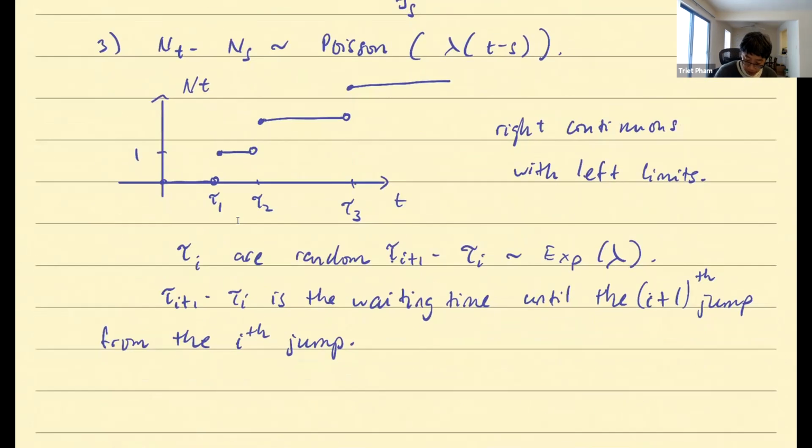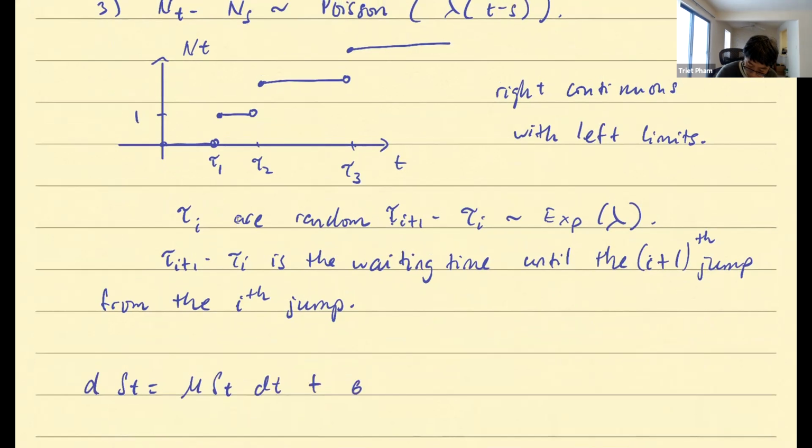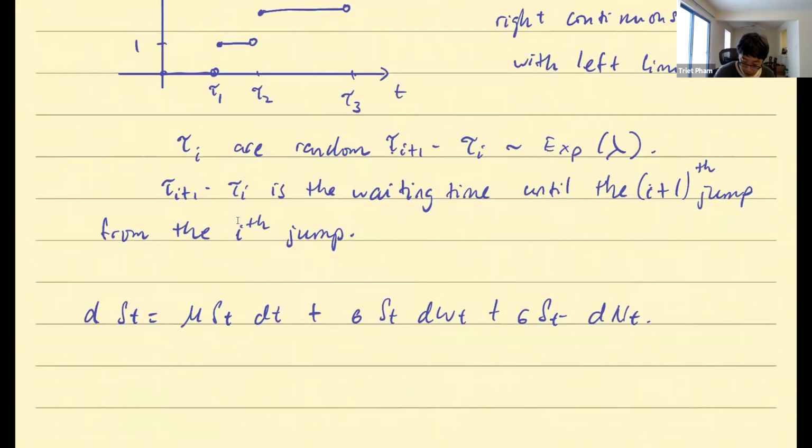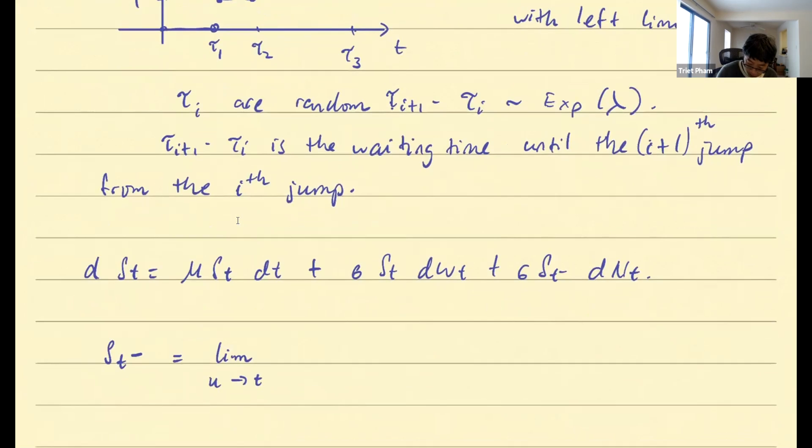So let's try to understand this, and let's try to understand the technical part about the S_{t-}. S_{t-} will be the limit, let's say as u goes to t from the left, of S(u).